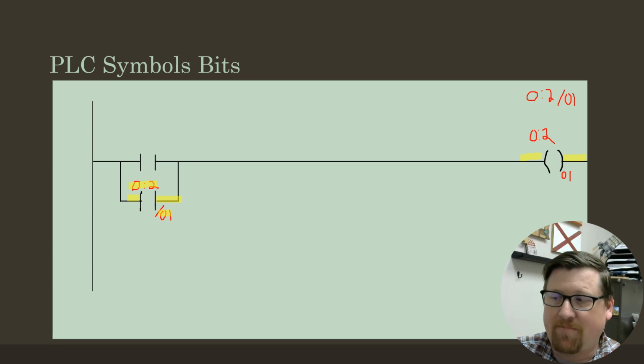And so what I've built here is what's known as a seal-in circuit. So if we have a momentary push button that starts this output and then I release that push button, well, when I momentarily press that push button, my output comes on. My examine if closed contact here in this parallel rung sees that and it turns on.